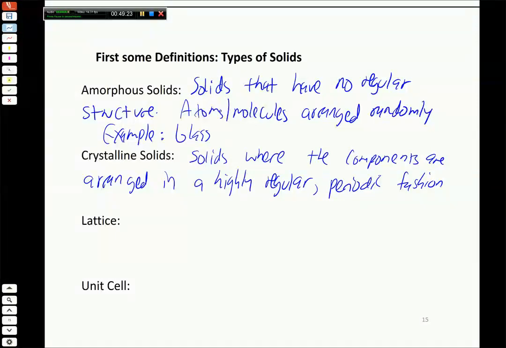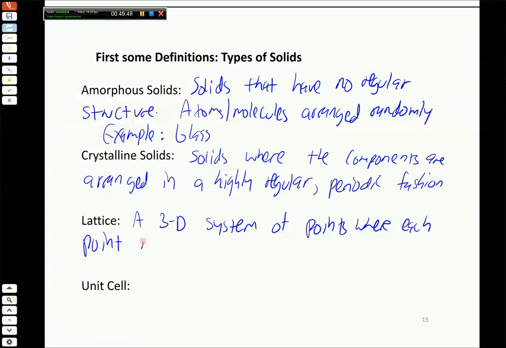And so when you have a crystalline solid, there's sort of two parameters that are associated with that structure that we want to be familiar with. The first is lattice. So a lattice is a three-dimensional system of points where each point represents, in a chemical sense, an atom or molecule in the crystal.